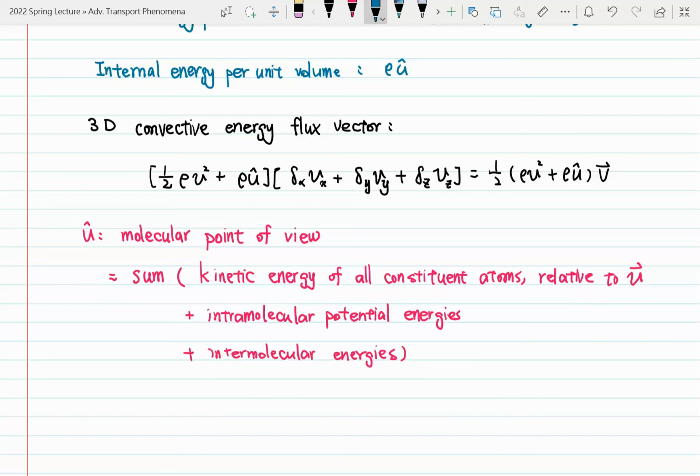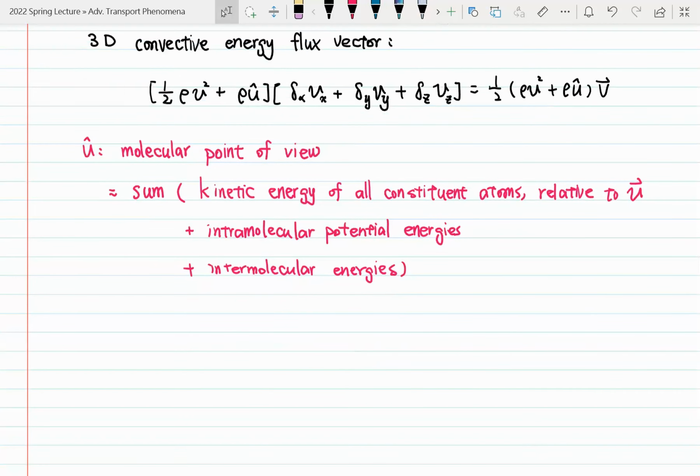And finally, to get the convective energy flux across a unit surface, you basically just need to figure out the dot product between the energy flux vector and the normal vector. So let's write that down.